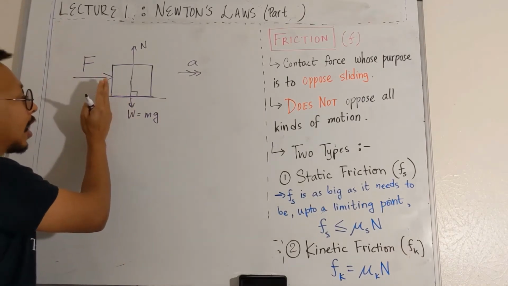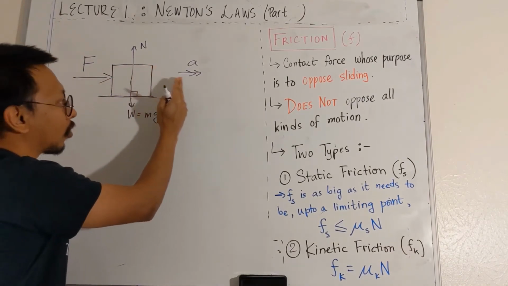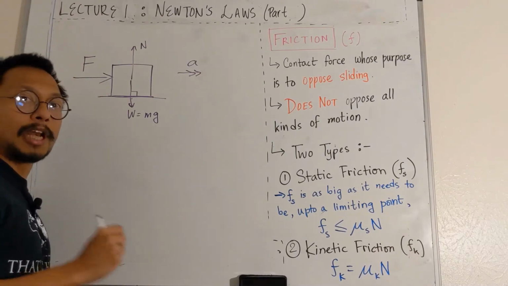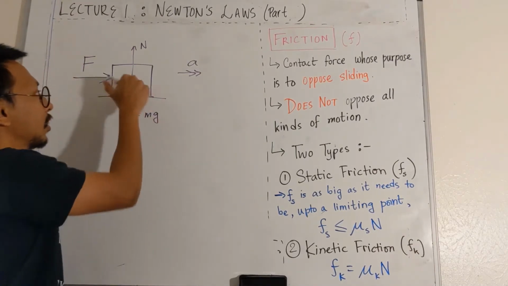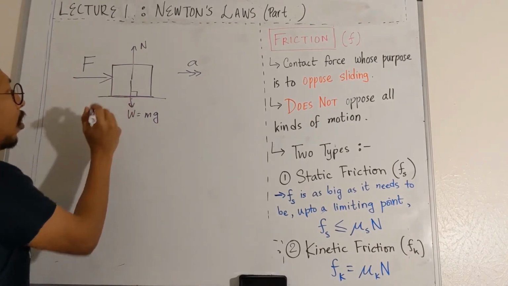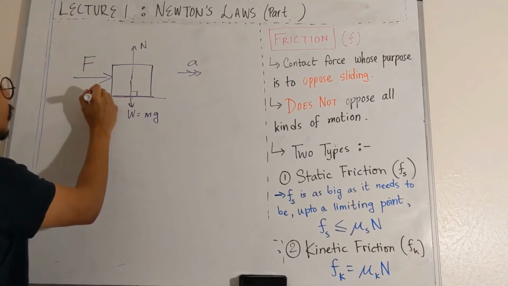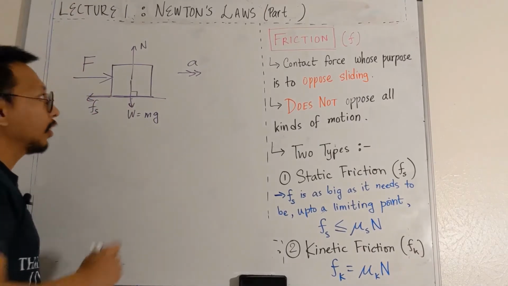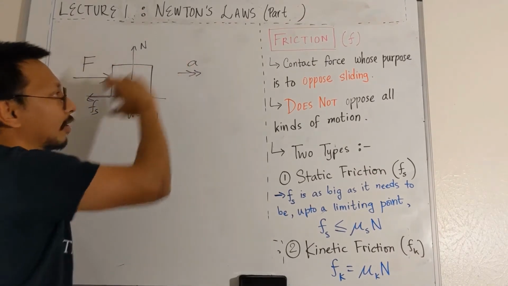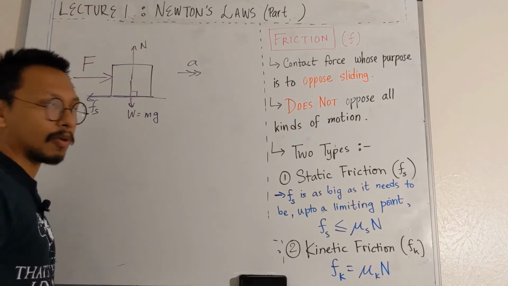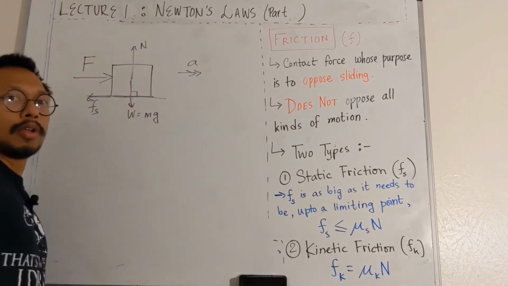So if you are to slide this box across the ground, then you have to apply a certain minimum amount of force. Before that, the box won't move. Why will it not move? Because of static friction opposing your sliding motion, opposing the fact that you want to slide this box through the ground.